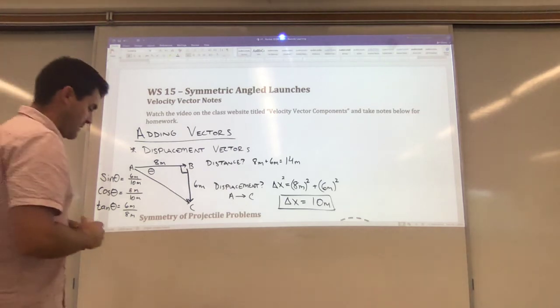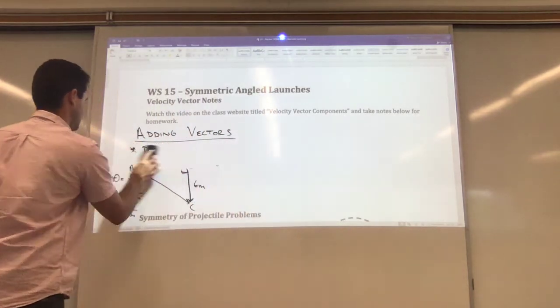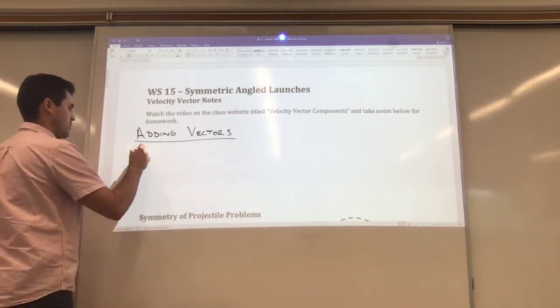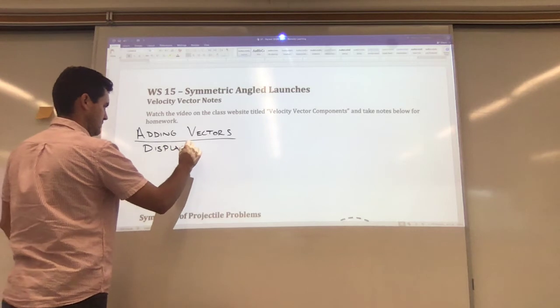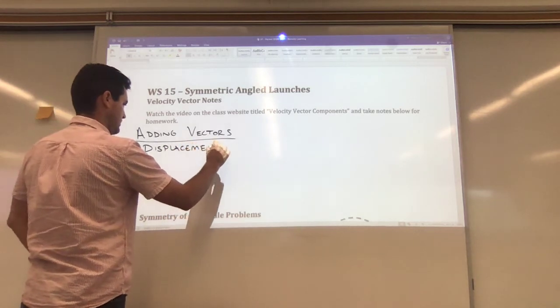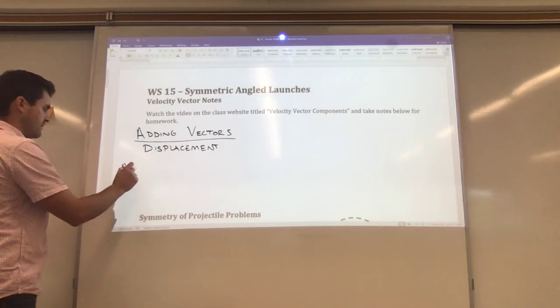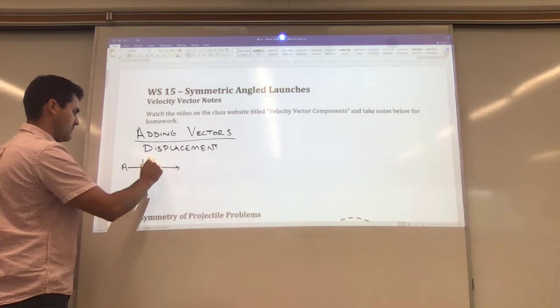Let's try a second example. Again, we're going to still work with displacement and distance. Let's imagine I start at point A. This time I walk 10 meters forward.